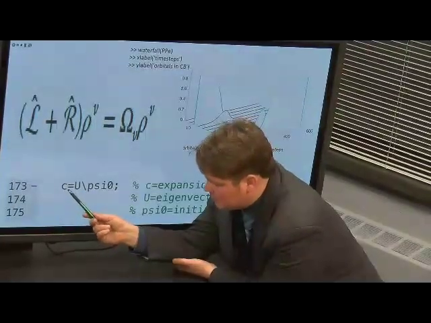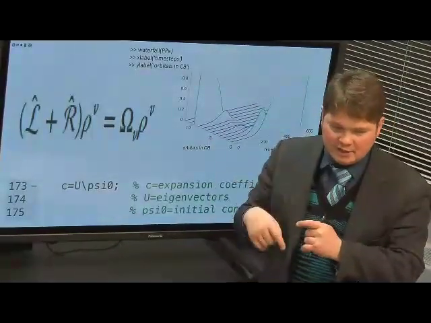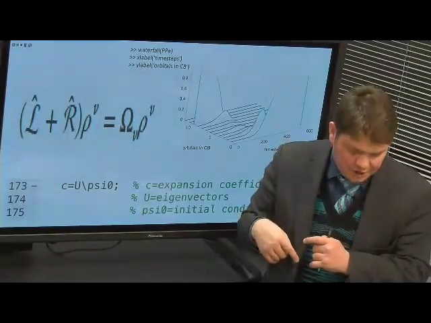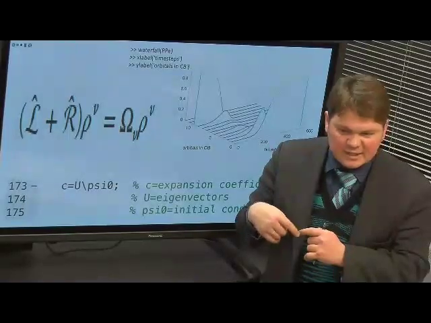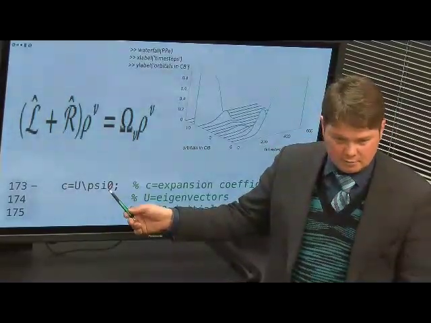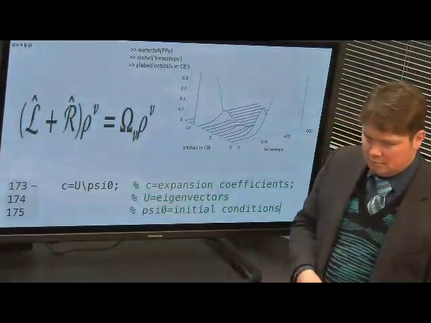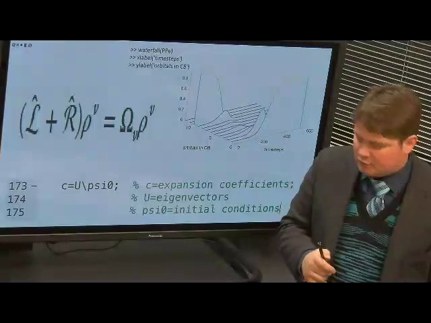This vector C, which will have the same size as the number of orbitals in the conduction band, will tell how much a given eigenvector contributes to this initial condition. And we solve for this initial condition at time 0. Again, how much a given eigenvector contributes to the given initial condition.